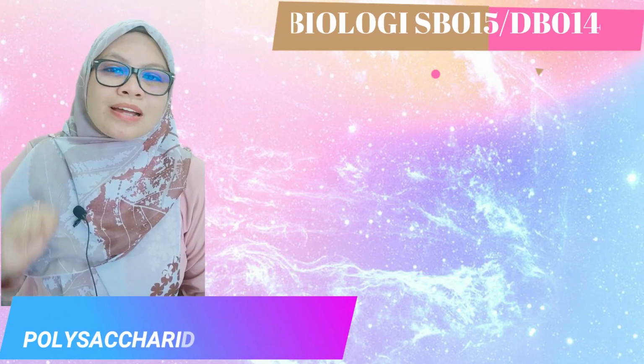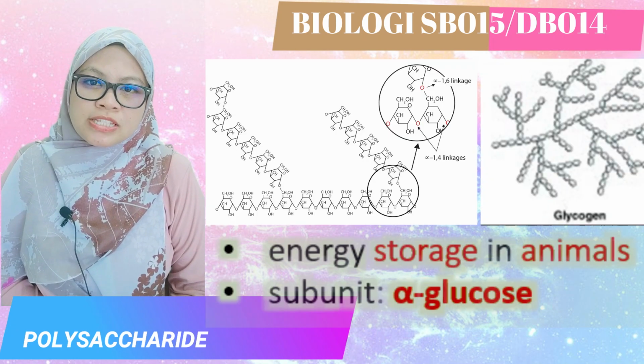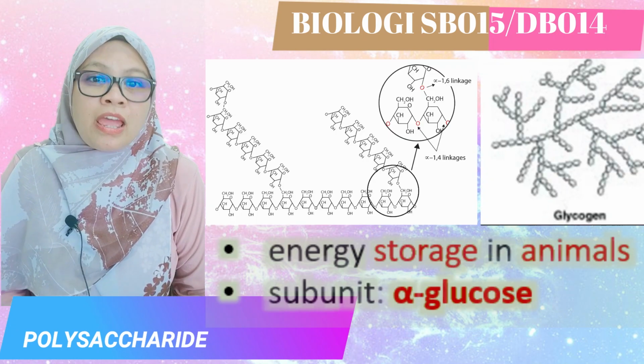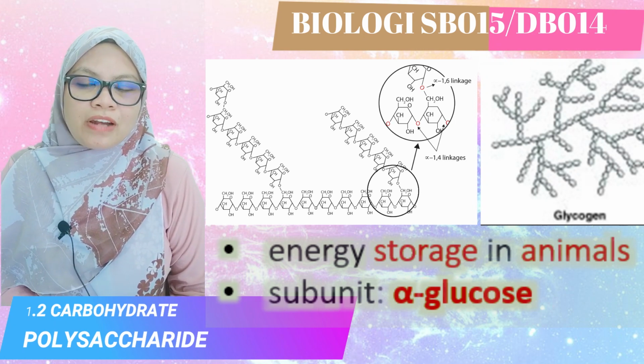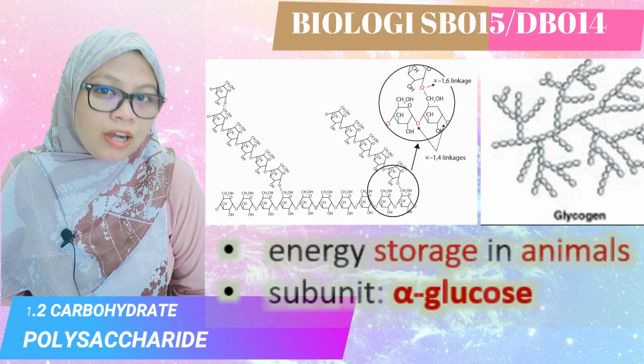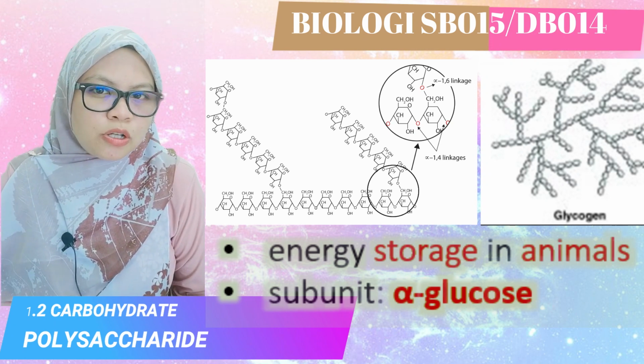Number 2, glycogen. Glycogen acts as energy storage in animals. The subunit or monosaccharide that makes up glycogen is alpha glucose. Take a look at the structure of glycogen.